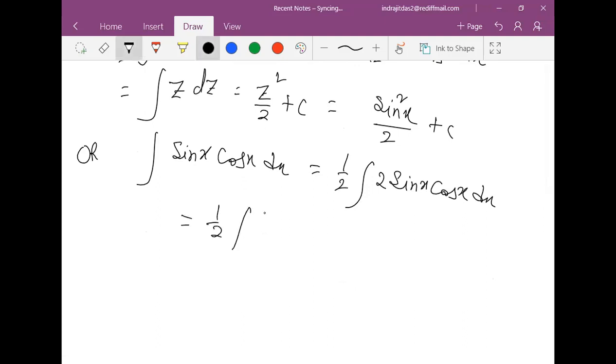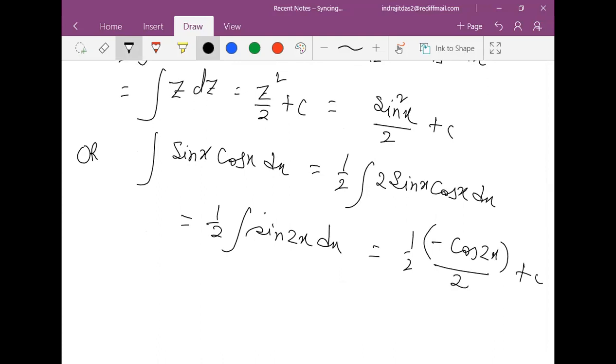So this is sin 2x. Integration of sin 2x is minus cos 2x by 4. Why by 4? Because of this 2. So your answer will be 1 by 4 with a negative sign cos 2x, plus c.